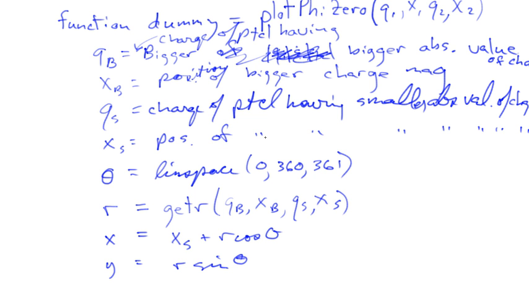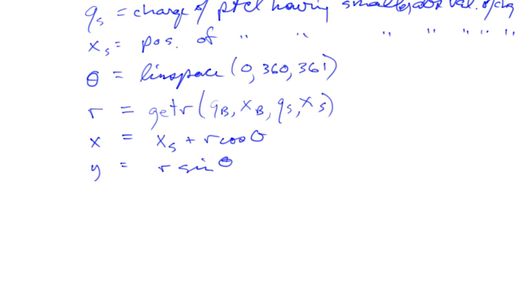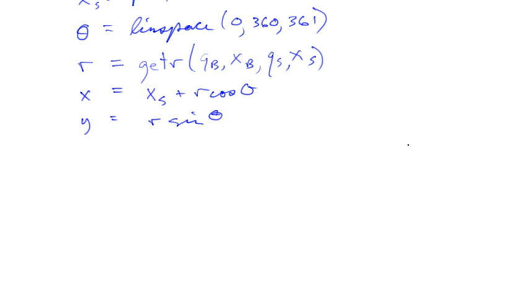And then we have to plot, presumably here, theta is an array of 361 values, and then when I go to get R, I'm going to get R for each of those 361 values, and now I've got the coordinates of all those points, and I want to make a graph of Y versus X. So plot X comma Y. Oh, and I have to plot on the same thing.